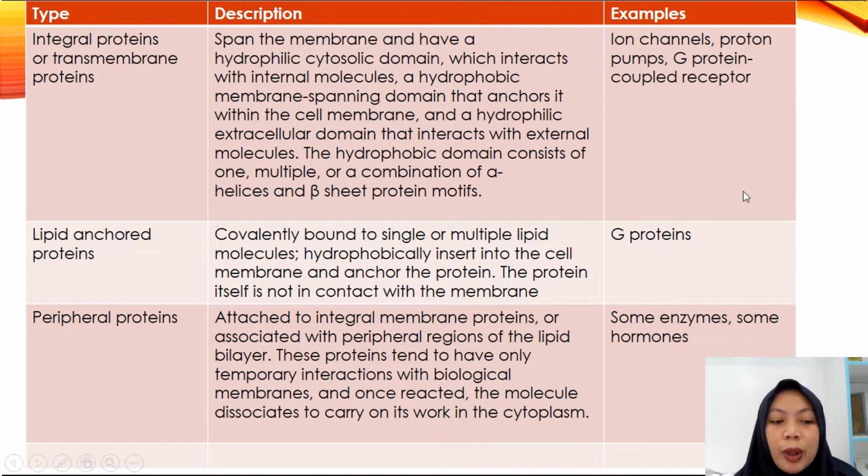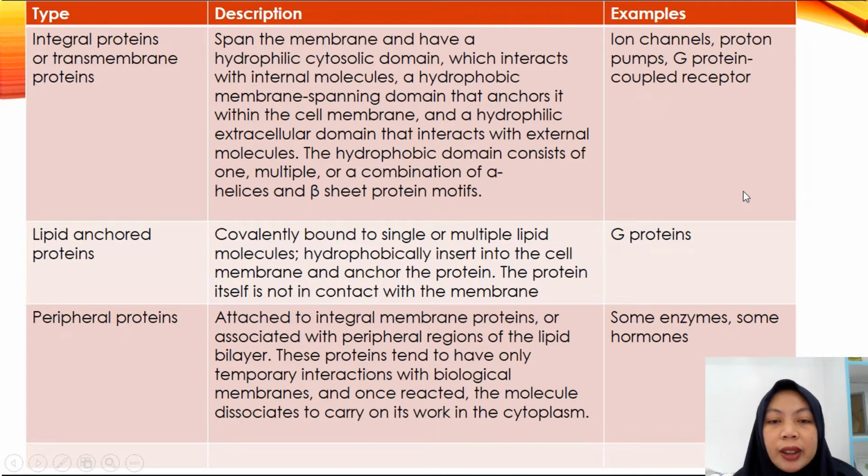This consists of one, multiple, or a combination of alpha helices and beta sheet protein motifs. Examples of integral proteins are ion channels, protein pumps, and G protein coupled receptors.